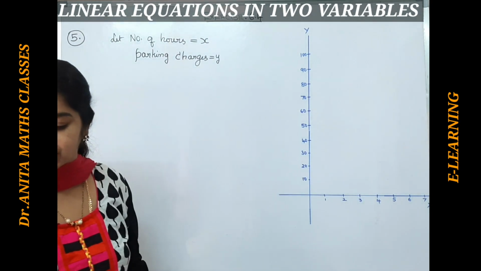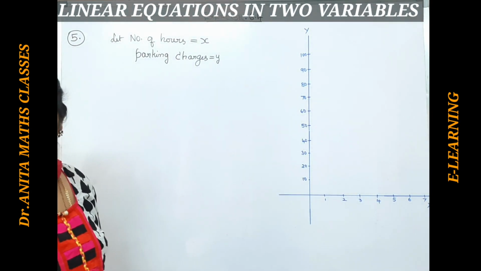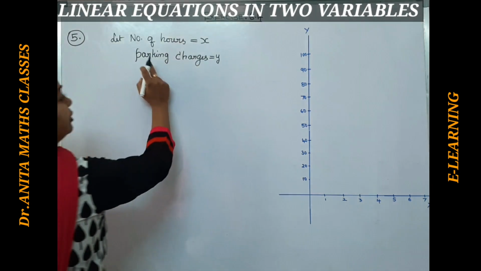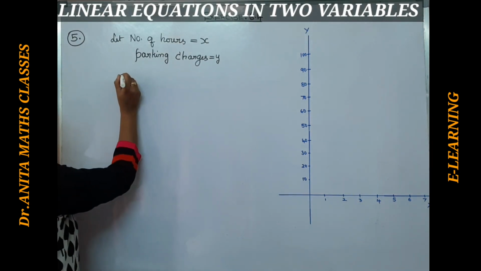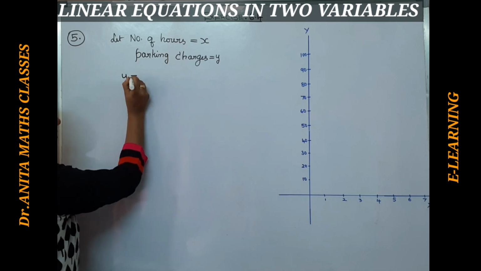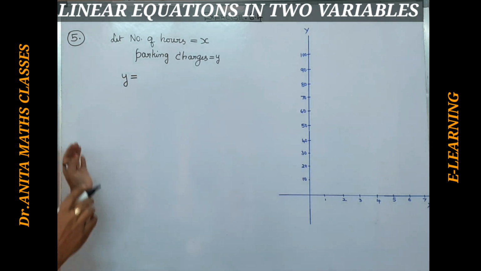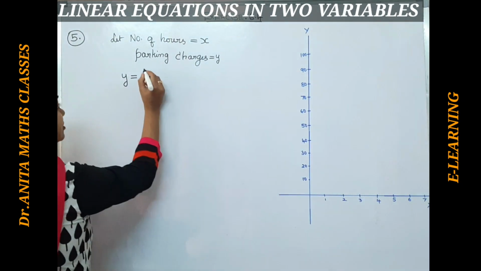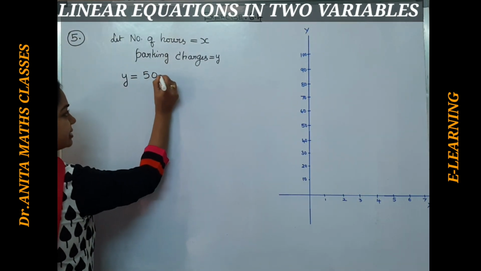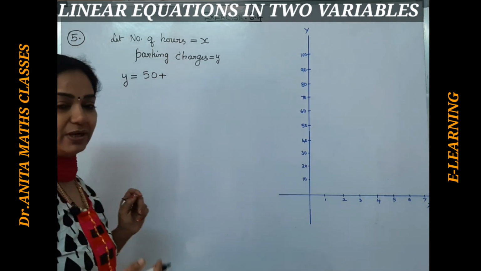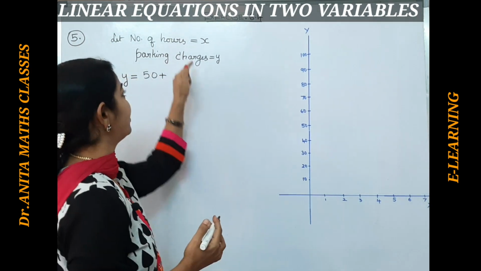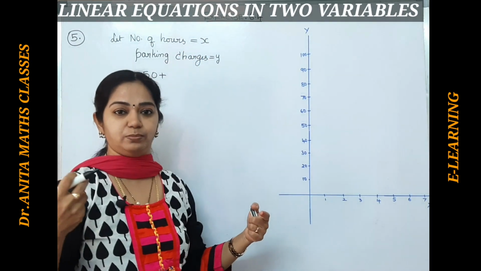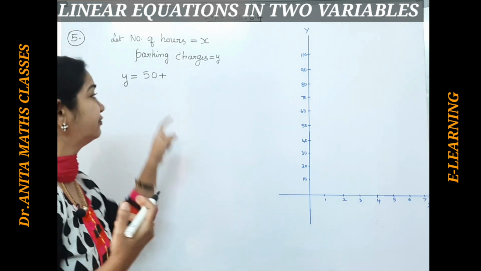So from the situation, the parking charges of a car for the first 2 hours is 50 rupees. So the total parking charges, if we are going to calculate, y is equal to 50 rupees for the first 2 hours, plus from the next subsequent hours. If I am supposing all the hours as x, we have to delete 2 because 2 hours are fixed for 50 rupees.